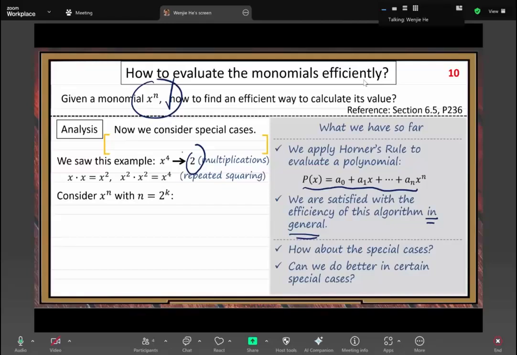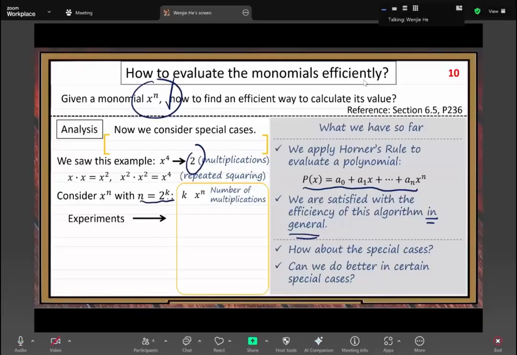So let's do experiments. First column, k. Second, monomial x to the n, where n equals a power of 2. The third column, we count the number of multiplications we need.